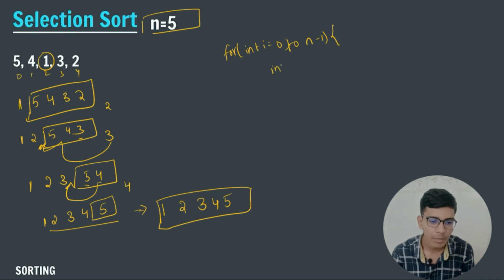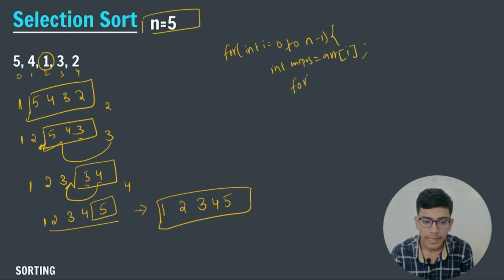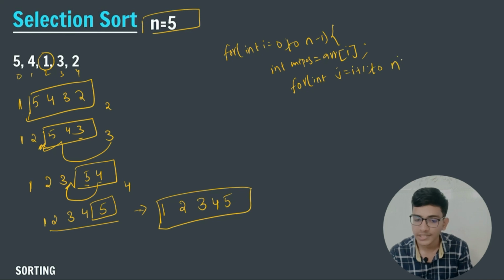So I am taking minimum position is equal to ARR of i, and in the inner loop, for int j is equal to i plus 1, I am running this up to n times, up to the size of my array.